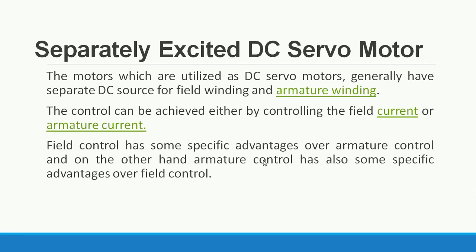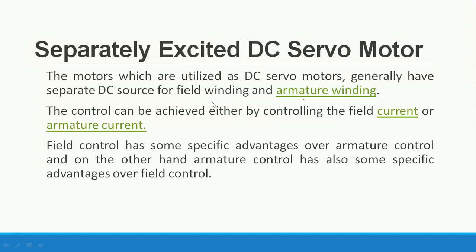This motor has a separate DC source for the field winding. So there is a field winding, and then there is an armature winding. For the field winding we have a separate direct current power source, and the control can be achieved either by controlling the field current or the armature current.